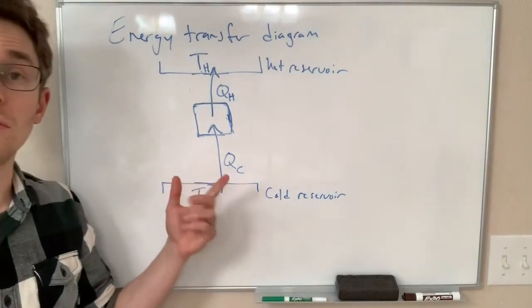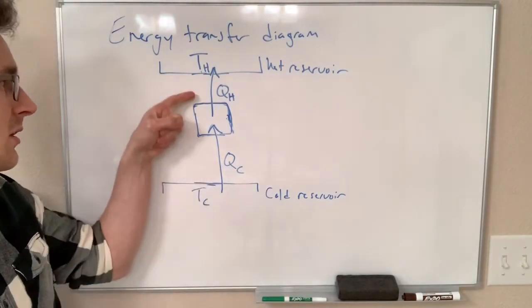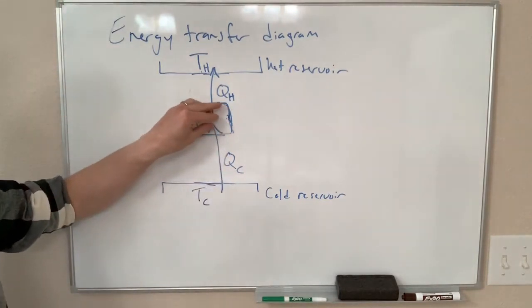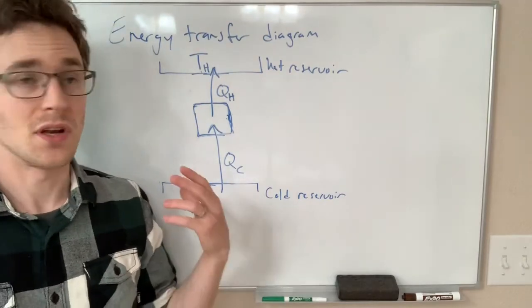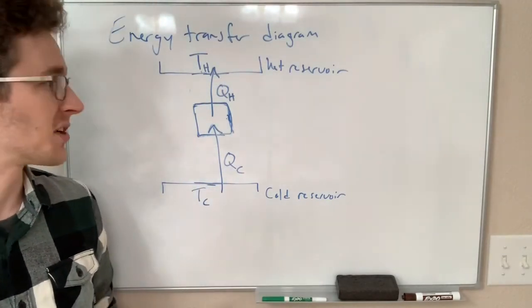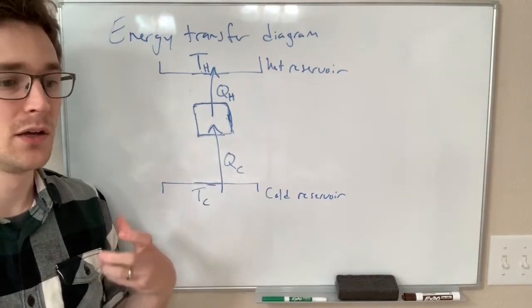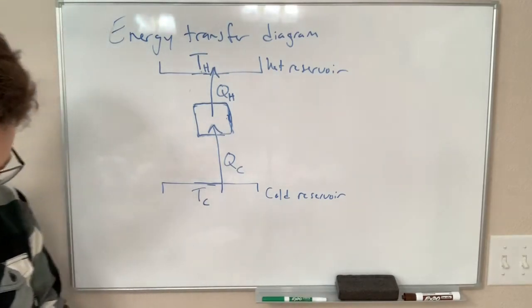This could still be allowed under the first law of thermodynamics as long as QC was equal to QH, right? We flow 100 joules of heat into here and then that same 100 joules of heat into there. But this is an obvious violation of the second law of thermodynamics. As we talked about last time, we can't have heat flowing from cold to hot because that would decrease the entropy, which is not allowed.